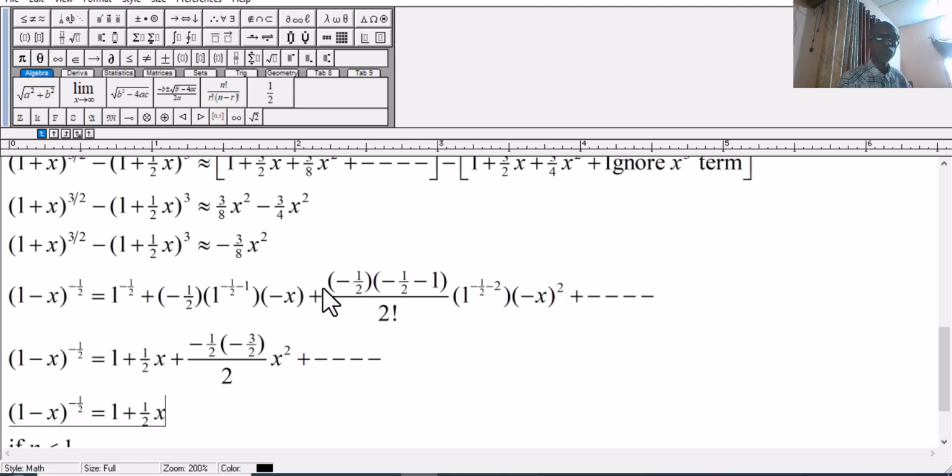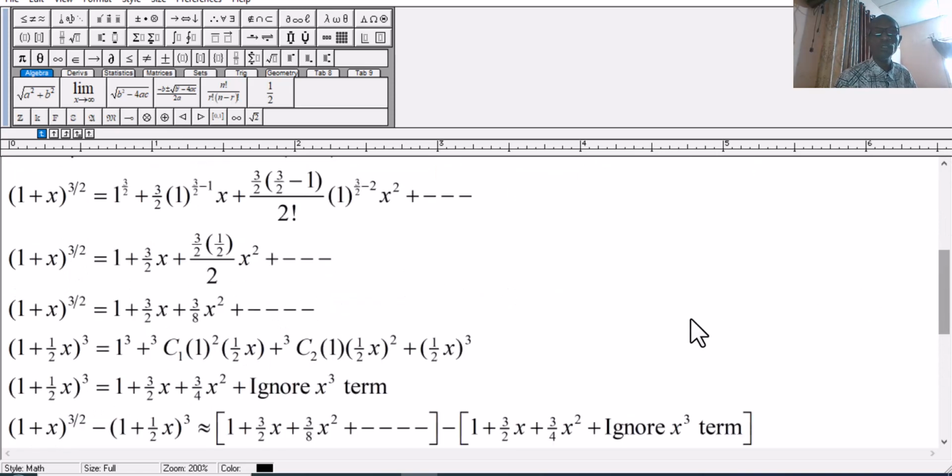So this one will give us plus 3 over 8 x squared. So I've done the expansion for this. So I can copy everything I've gotten so far.